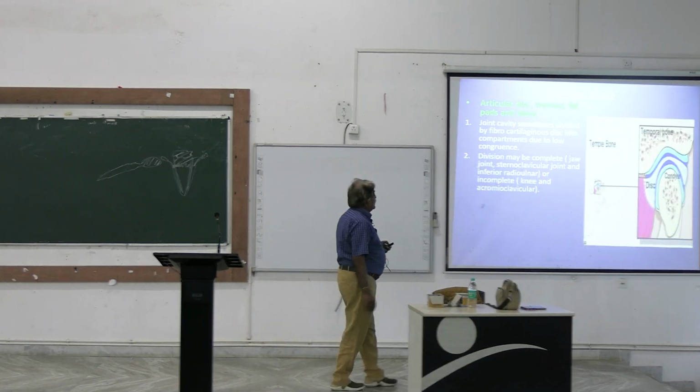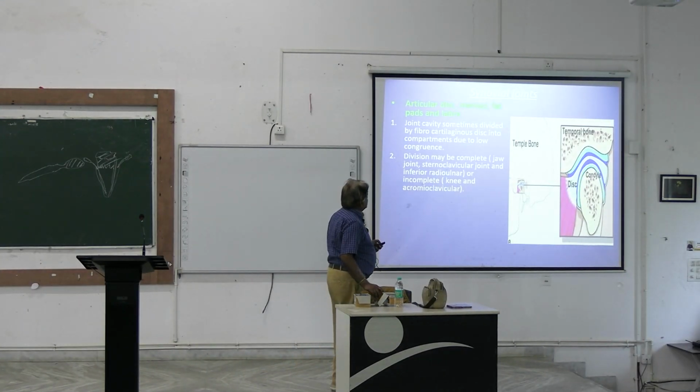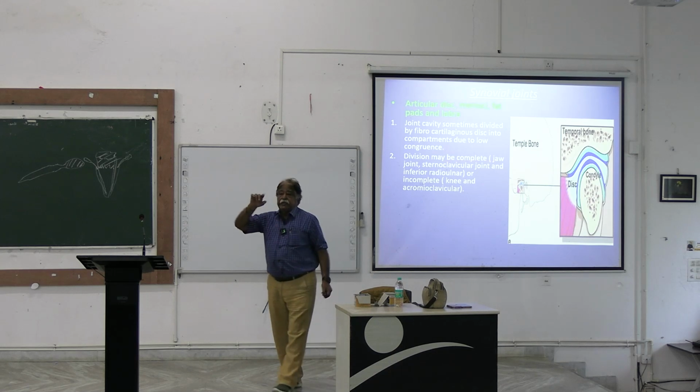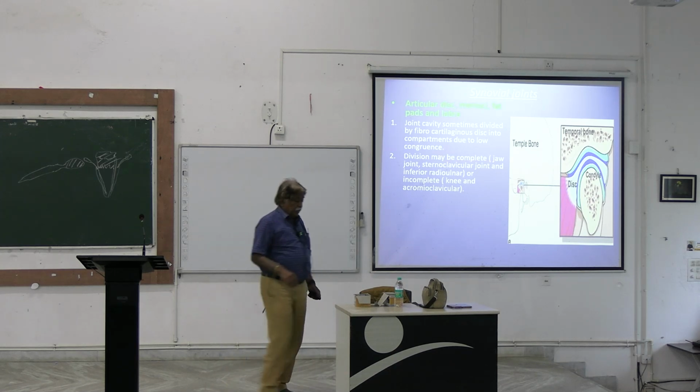Now, see here, this is the disc, condyle, temporal bone. Now the temporomandibular joint, TMJ.